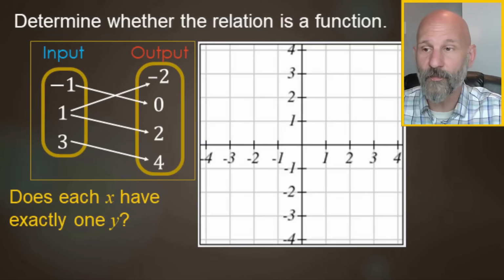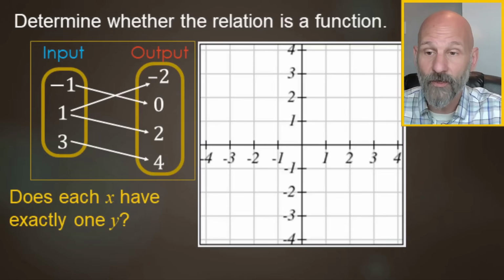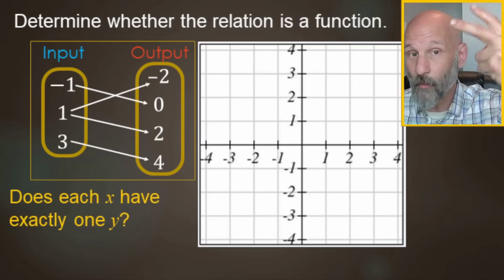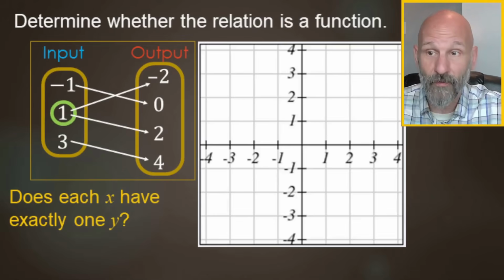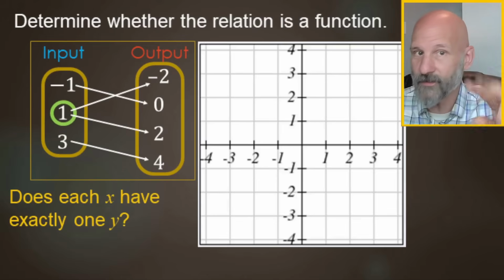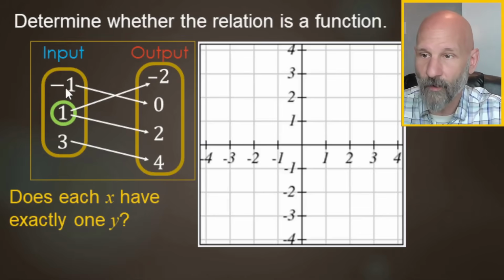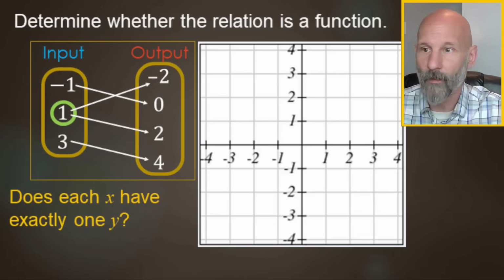This one's not a function because this input of 1 goes to two different y's. So right there, the +1 has two outputs, not a function. The -1 has one output. The 3 goes to 4, has one output, but that +1, nope, doesn't make it.